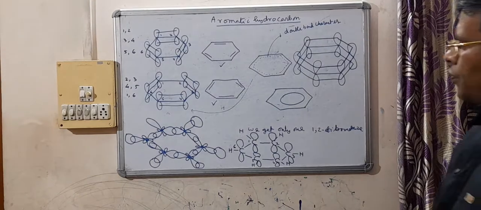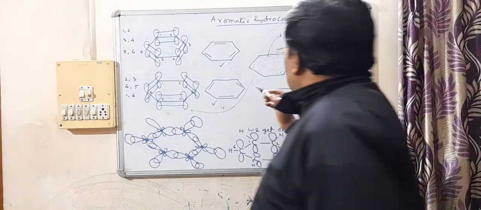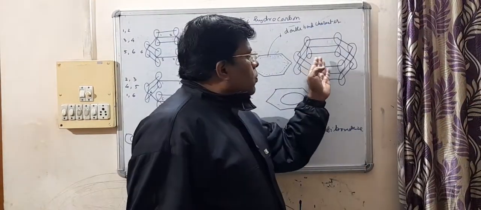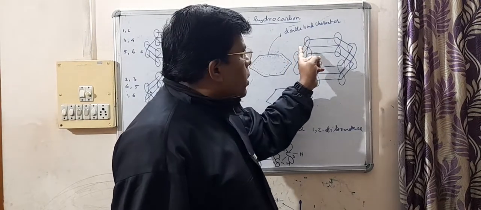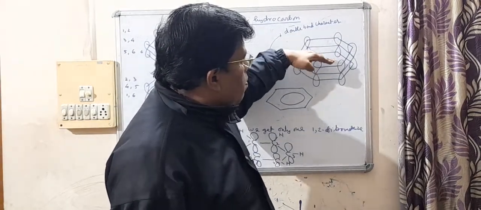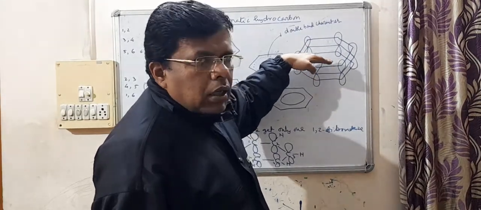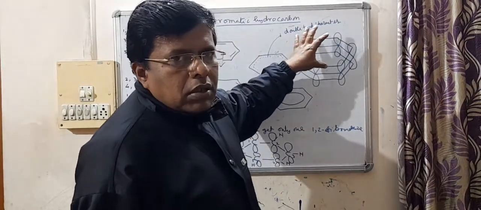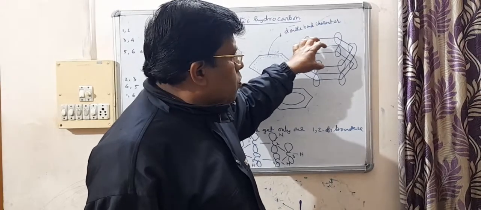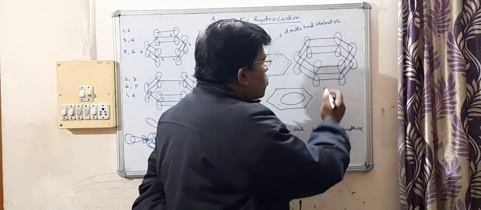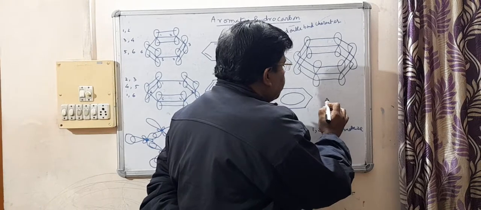So in benzene, what we see is that there is a pi cloud above the hexagonal ring, and there is a pi cloud below the hexagonal ring. In this structure you will find in the NCERT book. Let me try to draw that pi cloud.